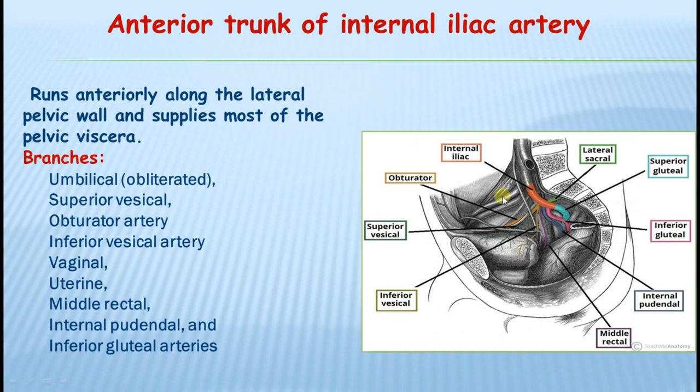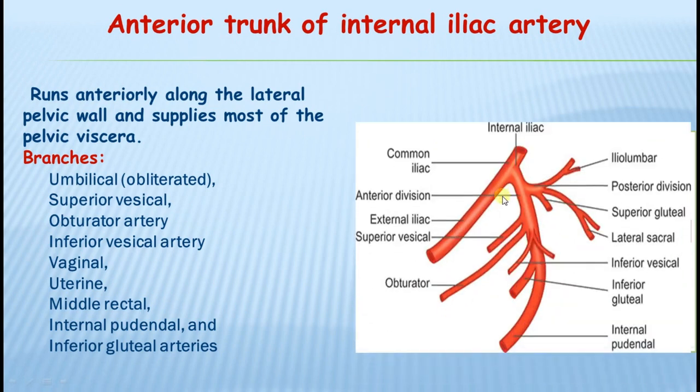So we will try to see in short about these branches and how they supply. These are the branches from the anterior division. The anterior division branches are mainly the obliterated umbilical, then the superior vesicular artery, then the inferior vesicular artery, then the obturator artery mainly, then the uterine artery.